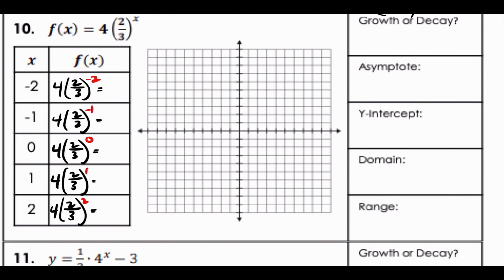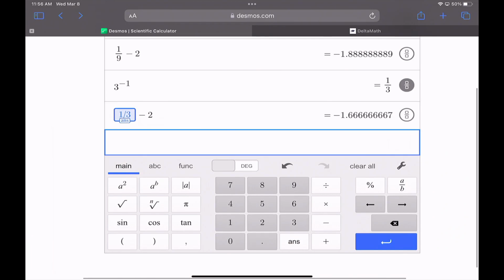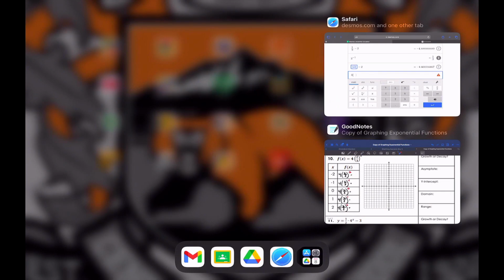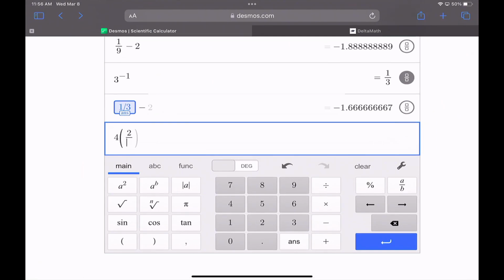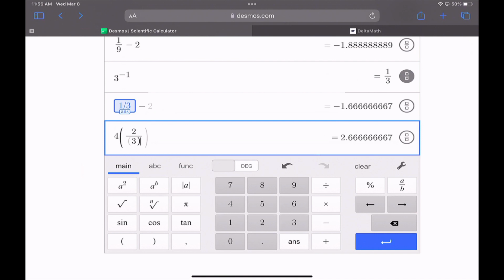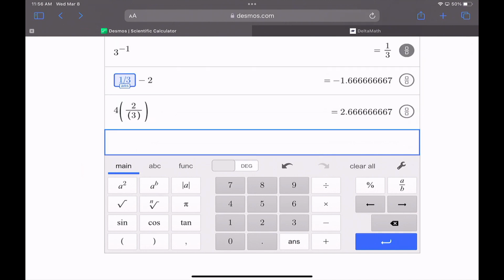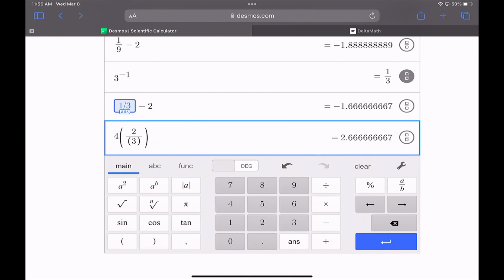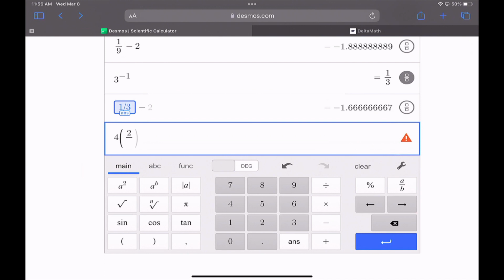Watch. 4 parentheses, 2 divided by 3 parentheses, power -2.